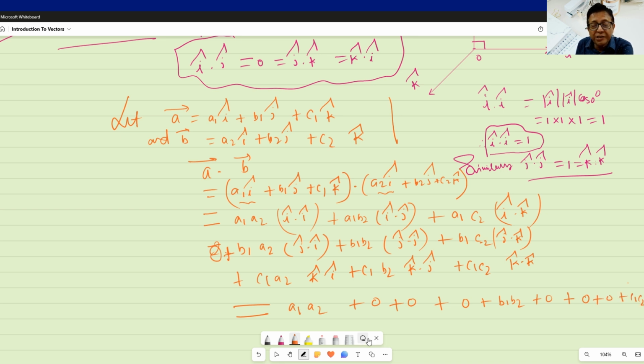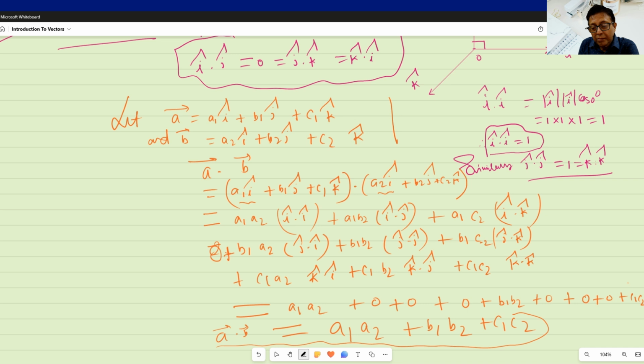The final result is very easy to remember. This is A1 A2 plus B1 B2 plus C1 C2. So this is A dot B: A1 A2, B1 B2, C1 C2.